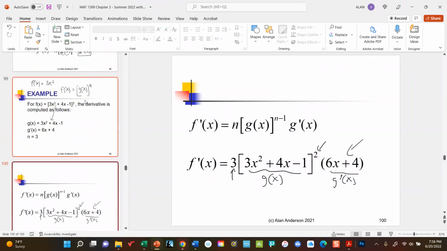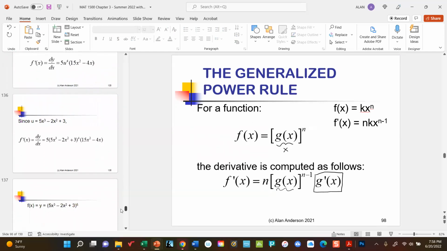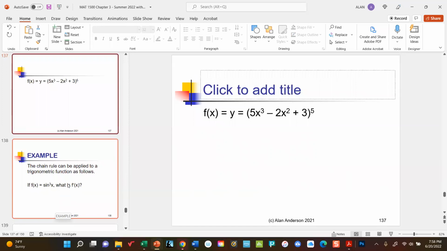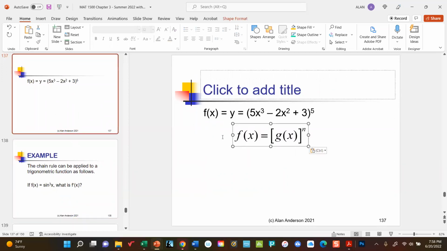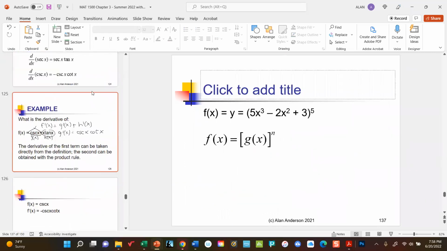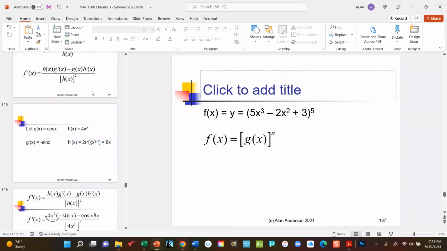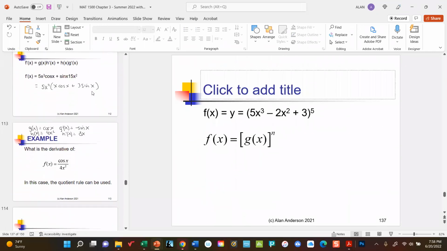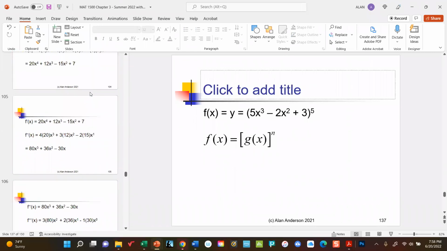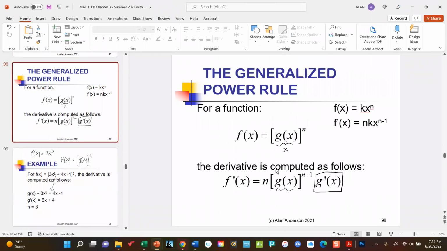Why, it's the generalized power function rule. All right, I'm looking for it. Oh, here we go.